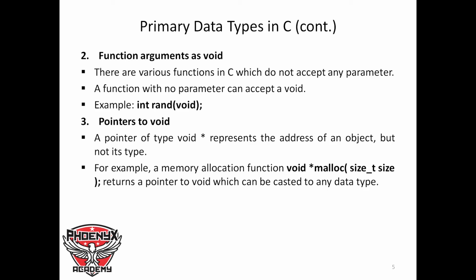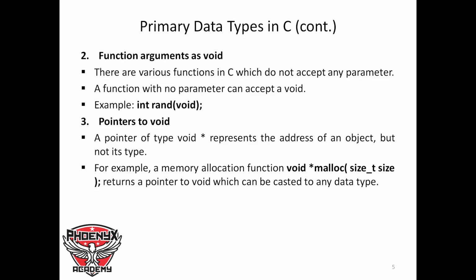Next, we have function argument as void, just as we have seen when defining function main: int main void. We specify the parameter as void, meaning that we are not going to pass any value to it. A function with no parameter can accept void, just like function main, which is necessary for any C program to run.